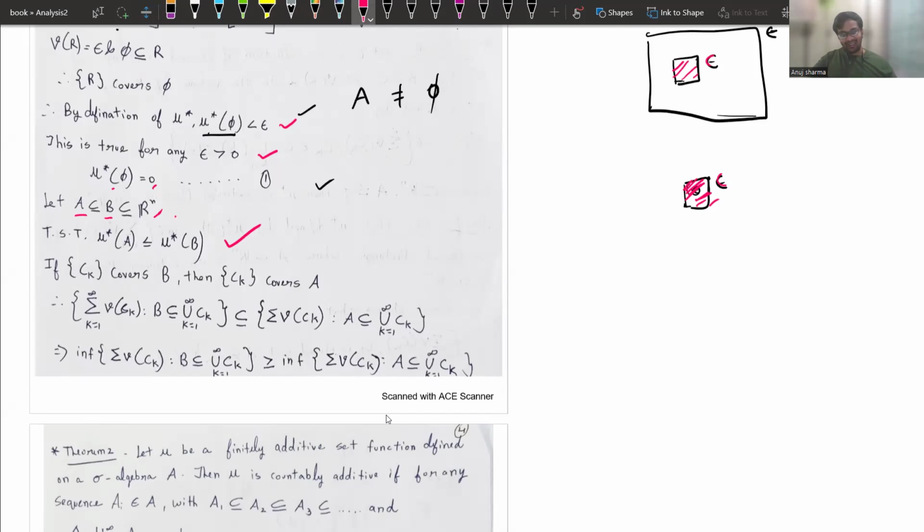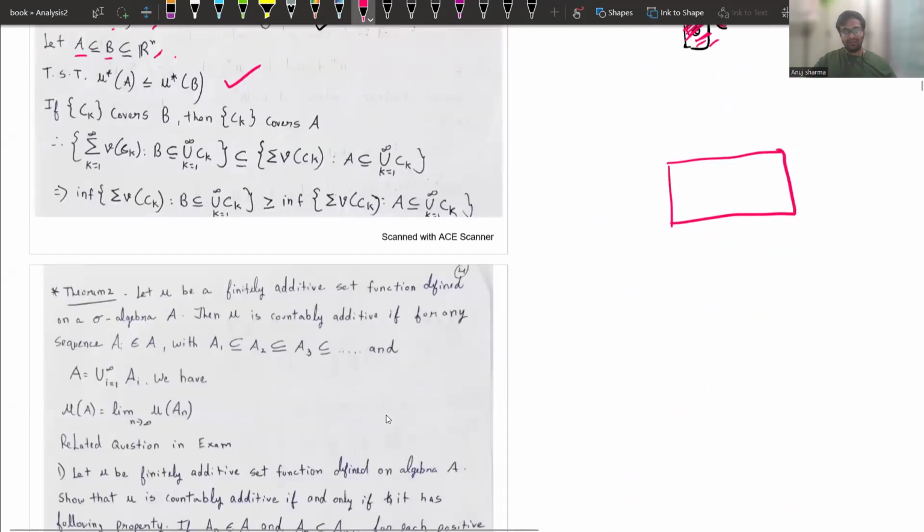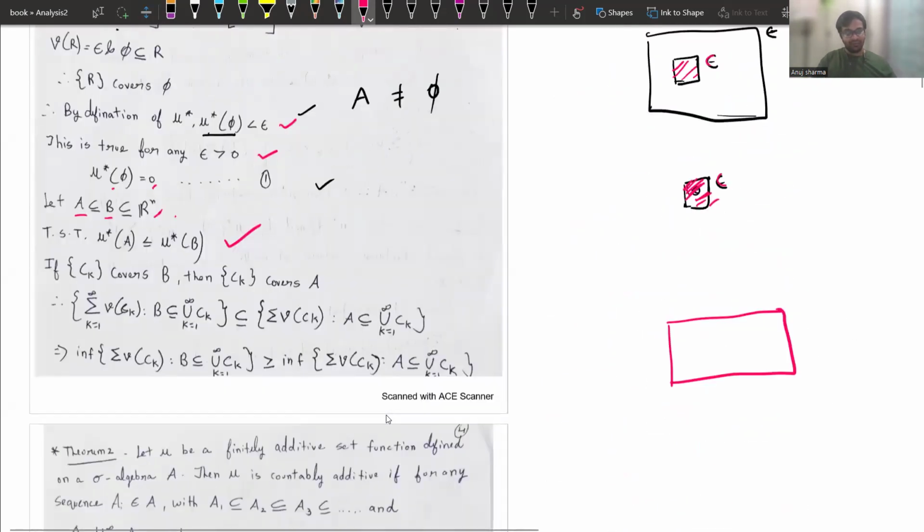Let's take a rectangle. And let's take a rectangle in this. So these rectangles are all happening here in this bigger one, so there's no space to draw and explain here.